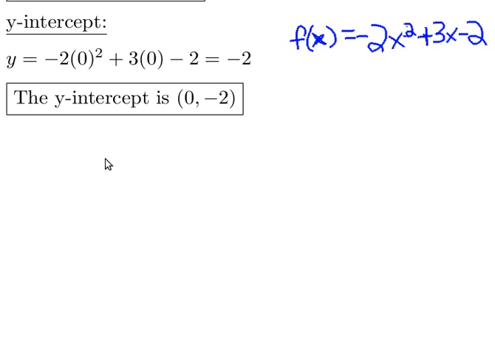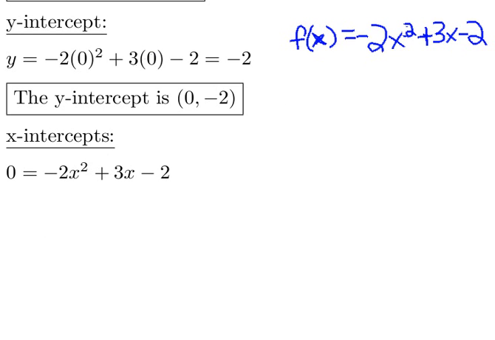Now let's go on to the x-intercepts. With the x-intercepts, we replace the y with 0 and solve for x. So that means we have 0 equals negative 2x squared plus 3x minus 2. So let's go ahead and put this into the quadratic equation.